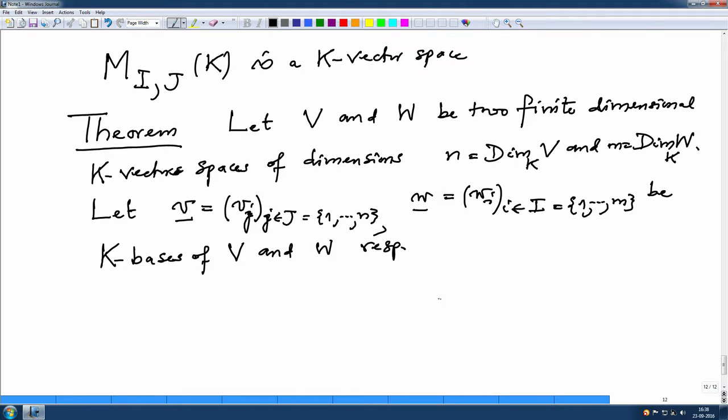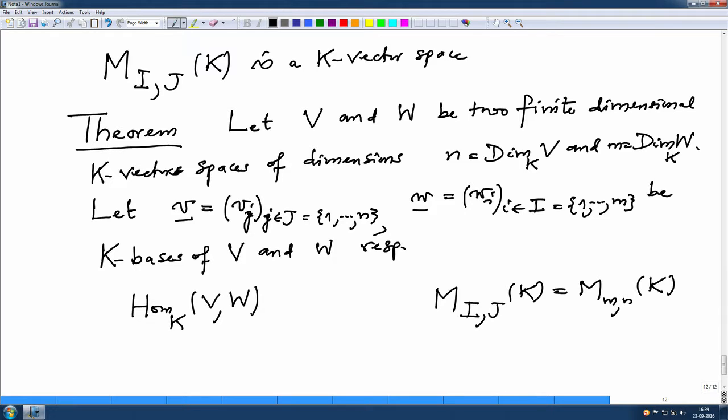And we have defined these matrices M_{I×J}(k). This is actually m cross n matrices, M_{m,n}(k). This is a vector space we just noted. On the other hand, we have these k linear maps from V to W, Hom_k(V,W). This is the set of all k linear maps from V to W, and we have noted it is a vector space.